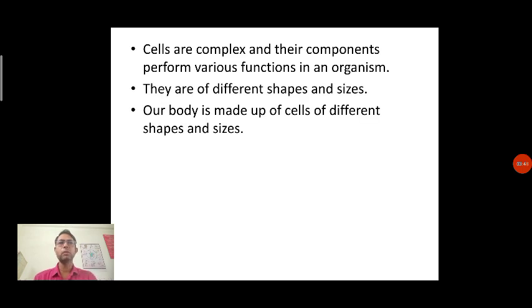Now cells are complex and their components perform various functions in an organism. Particularly in a multicellular organism, cells are complex, and these complex cells perform the function of that particular organism. They are of different shapes and sizes.